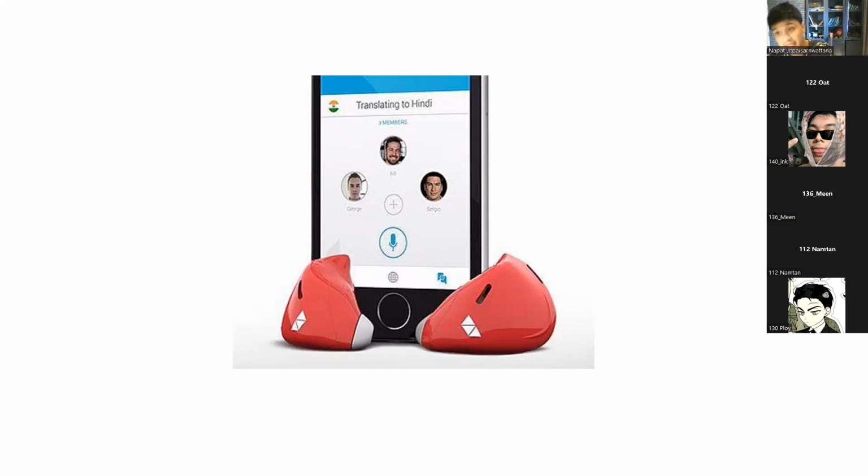So it can translate into English, or it can translate it back into Thai as well.